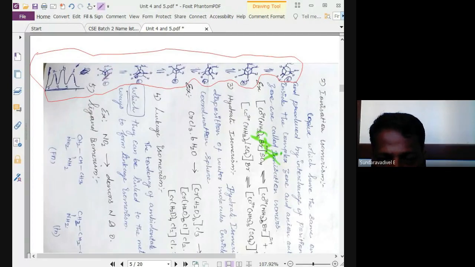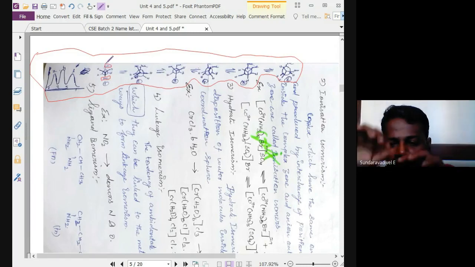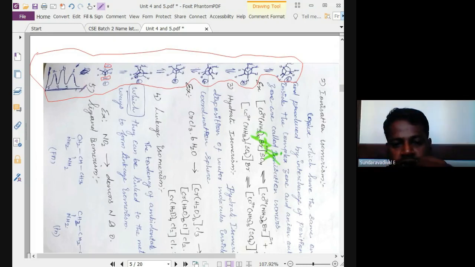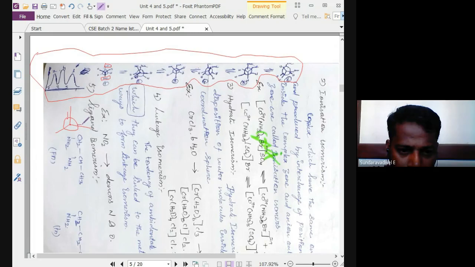Here this is a methyl group, and similarly here also a methyl group. The methyl groups are present opposite to each other.